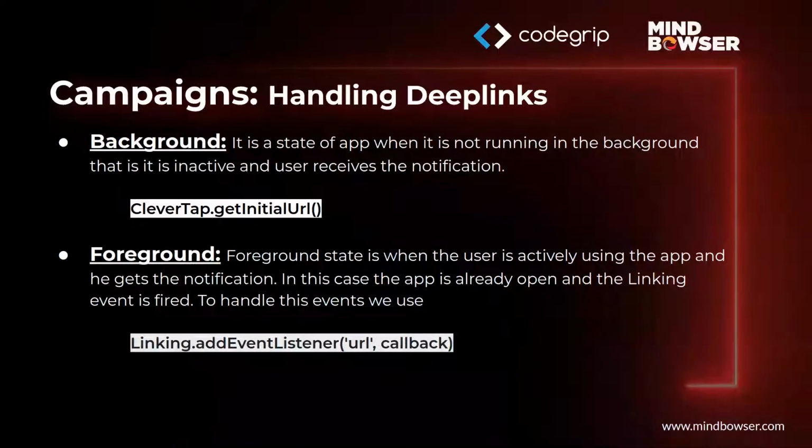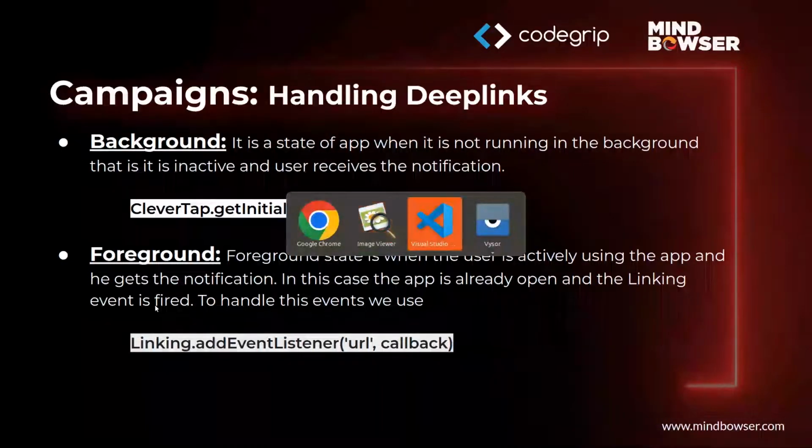In this case, we will use the getInitialUrl function provided by CleverTap. And what is the foreground state? Foreground state is when the user is actively using the application and gets the notification. In that case, we will use Linking from React Native to handle this.